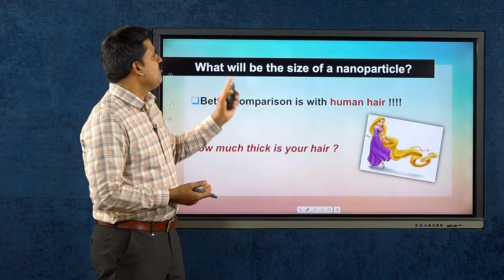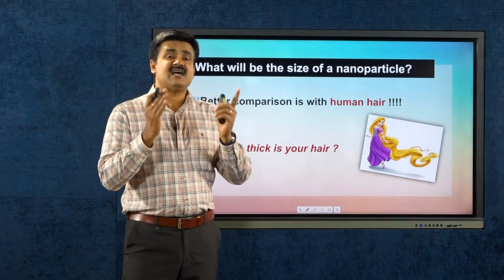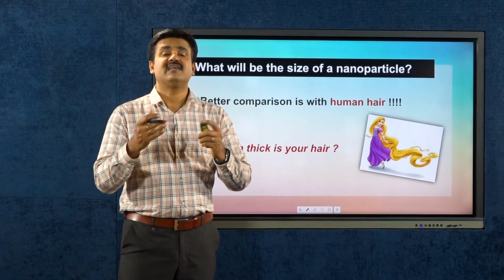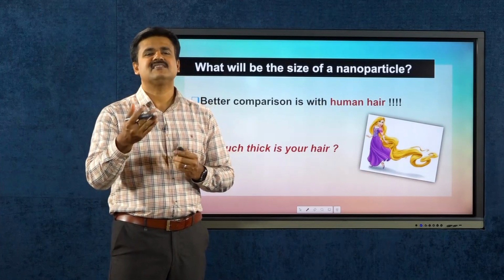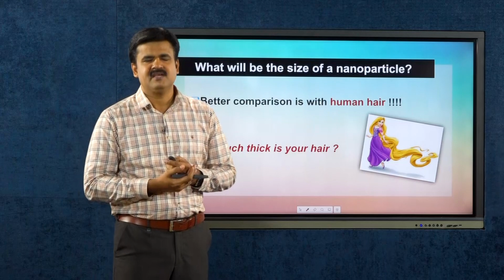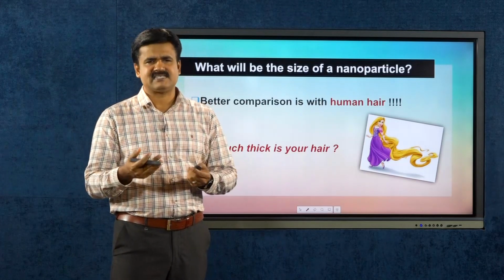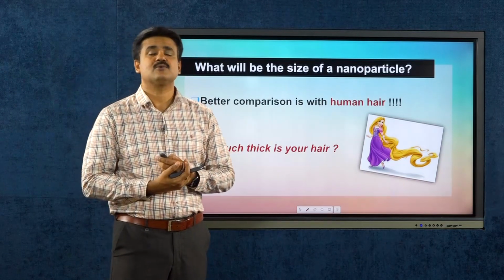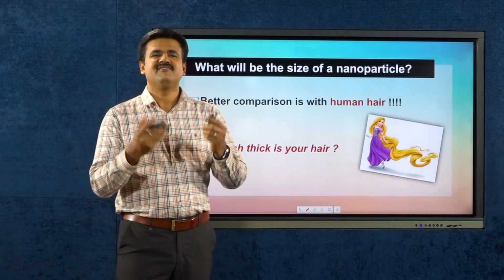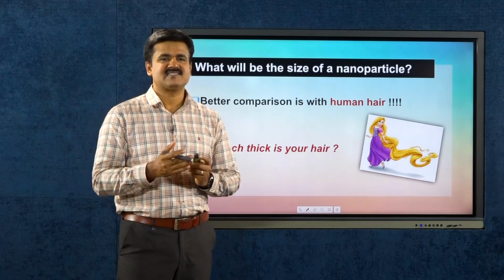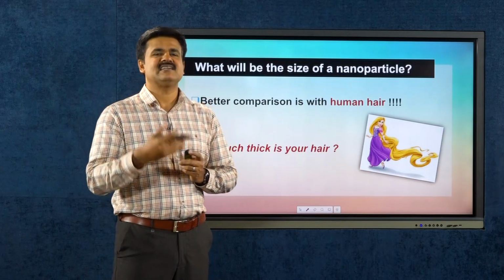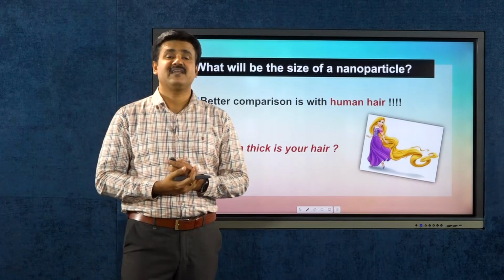Now, what will be the actual size of a nanoparticle? We cannot see a nanoparticle with our naked eye. Then, how to predict the approximate size of a nanoparticle? We can use a human hair for comparison, to represent the approximate size of a nanomaterial.